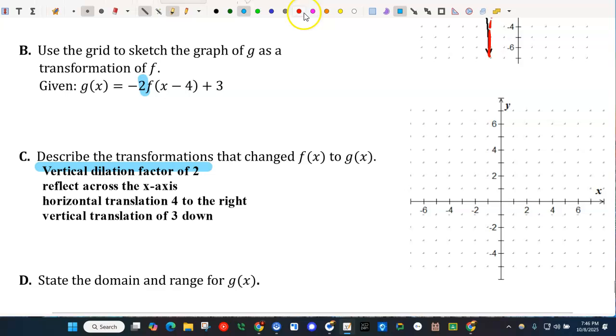My reflection across the x-axis is coming from the negative. And we have the horizontal translation, that's going to be this -4. And then we also have the vertical translation down. Oh, that's actually going to be up. Glad I caught that. That's +3. Should be up.